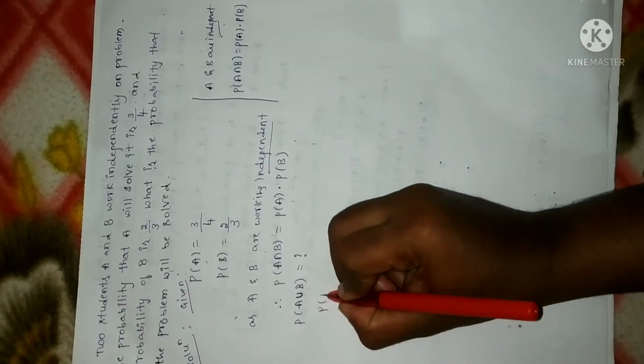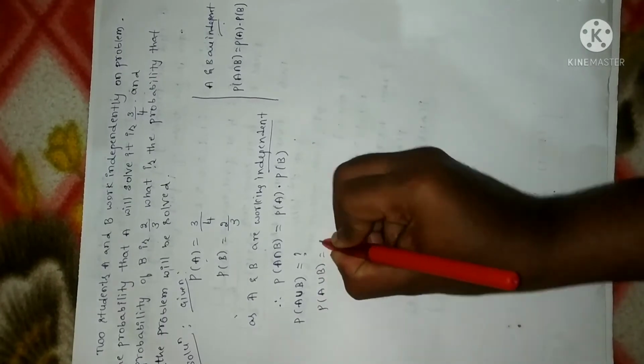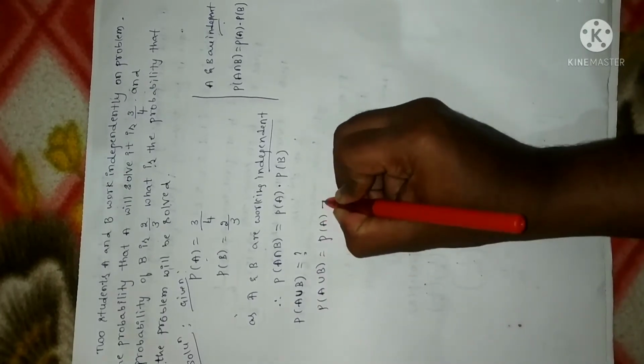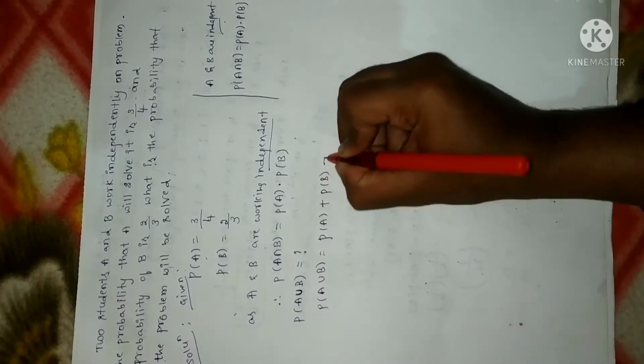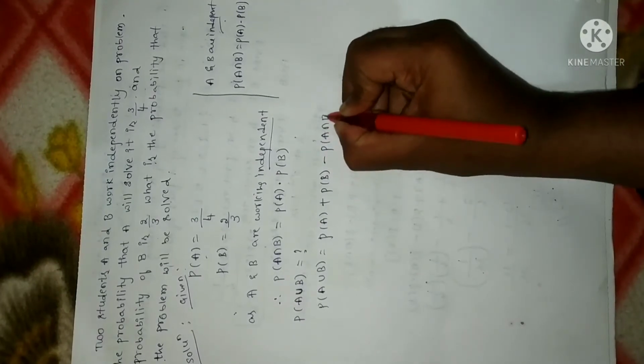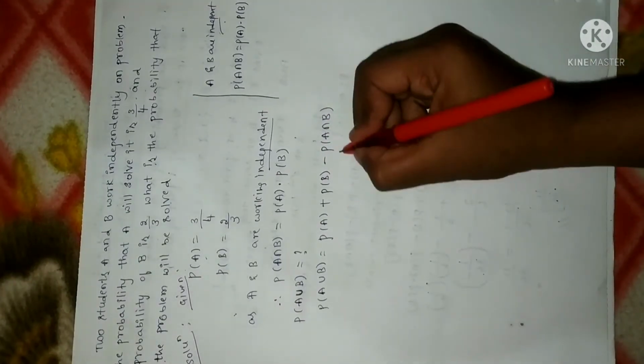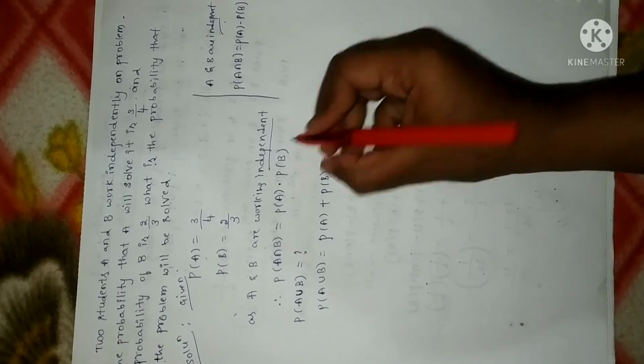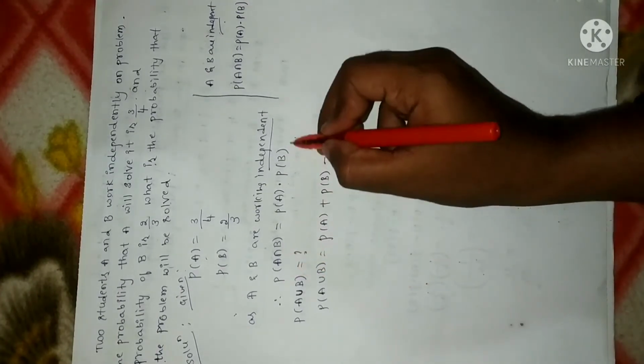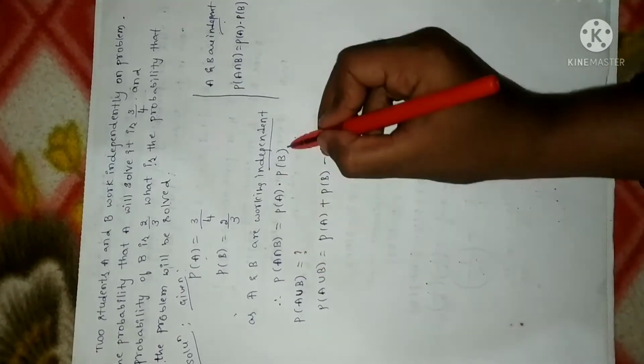Fine. We know that probability of A union B is equal to probability of A plus probability of B minus probability of A intersection B. This is the formula we have, but we don't know the probability of A intersection B. So let me replace probability of A intersection B with this.